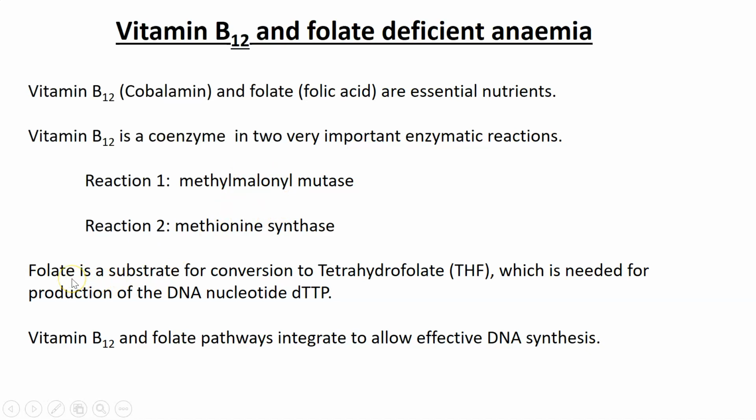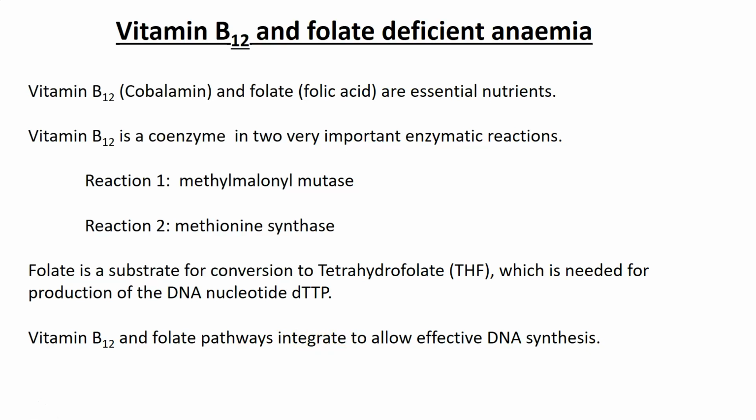Folic acid is actually a substrate for the conversion to what we call tetrahydrofolate, and this is needed for the production of this nucleotide here, thymine. Remember, there's 4 nucleotides: A, T, C, G, adenine, thymine, cytosine, and guanine. Those are the 4 nucleotides that make up DNA.